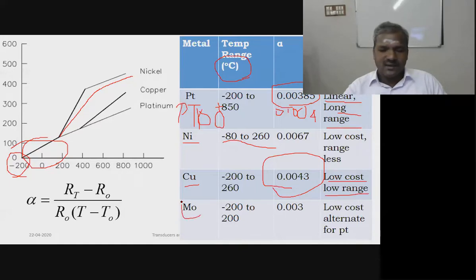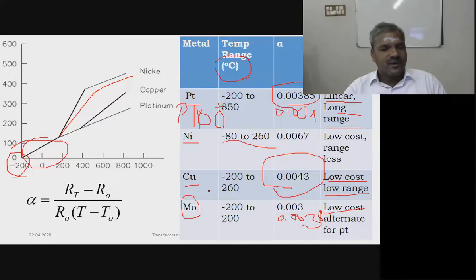Then next metal is molybdenum. This molybdenum's range is very low, but the temperature coefficient is 0.003. Sometimes it is designed with a temperature coefficient of 0.0038, similar to platinum, and is low cost.